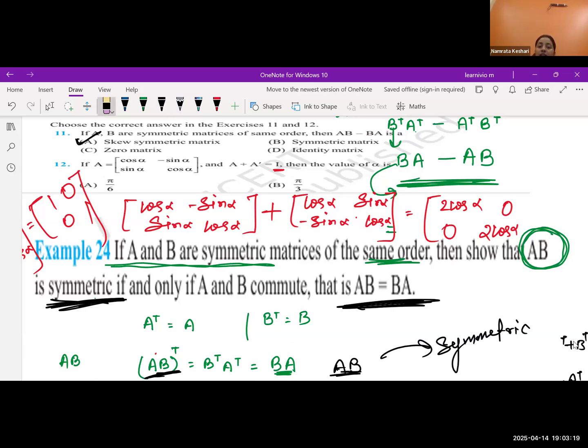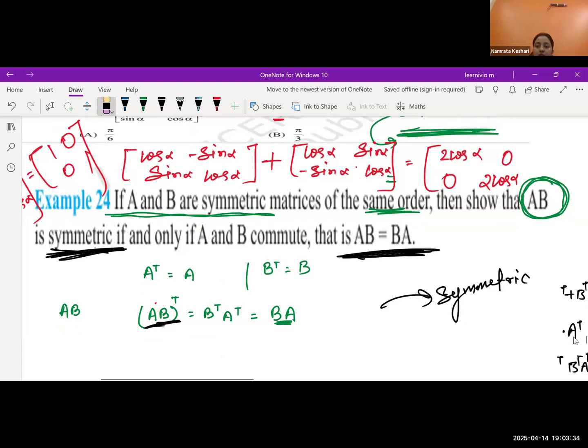There has to be a valid reason when we say BA and AB are the same. So here it says this will be symmetric when BA and AB are the same, and we are getting the same scenario, so we will write that. Yeah, got it. Okay, let's move.